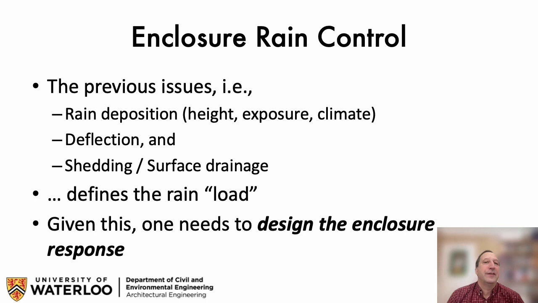The amount of water that strikes a wall in particular, not so much roofs, easily varies by a factor of 10 in the same climate zone, depending on normal deflection features like overhangs and surface features. That's why we spend time looking at this, to understand how much effort we have to put into controlling this.